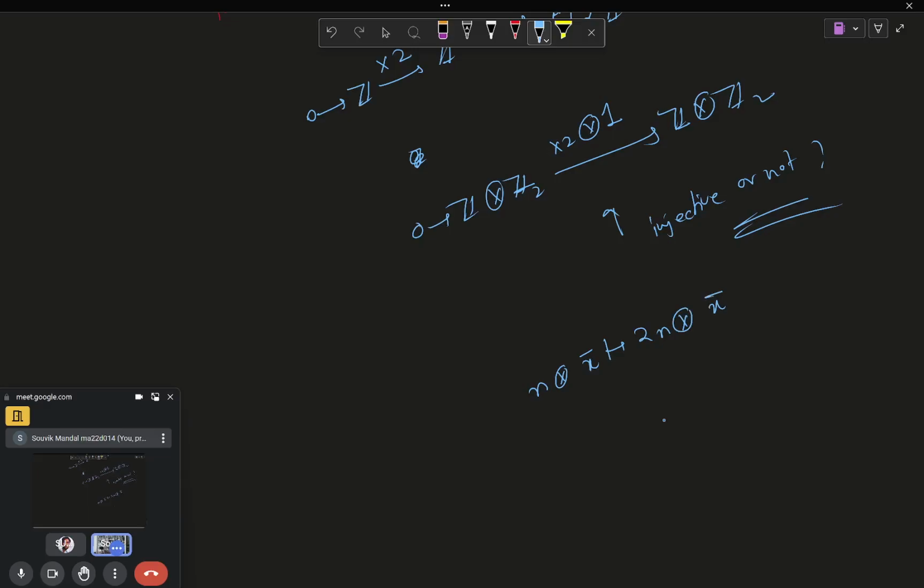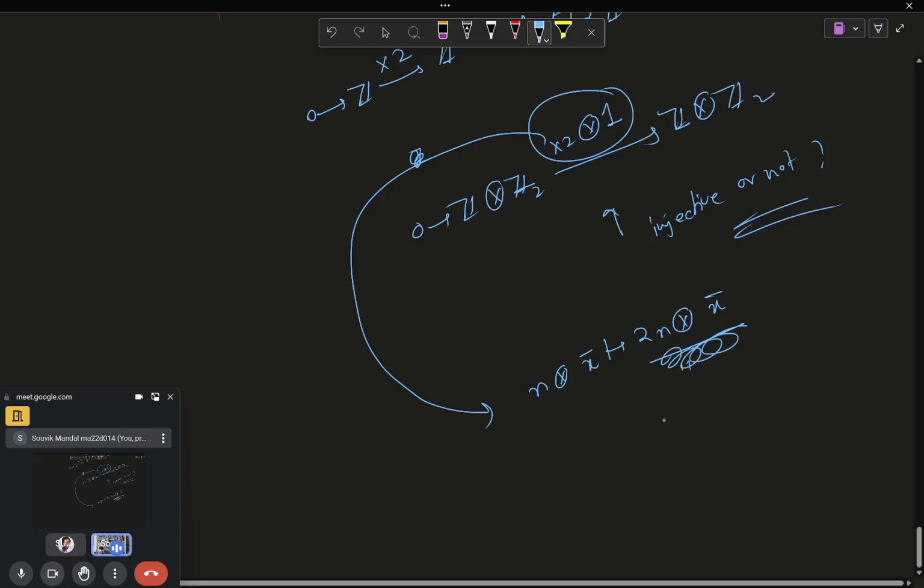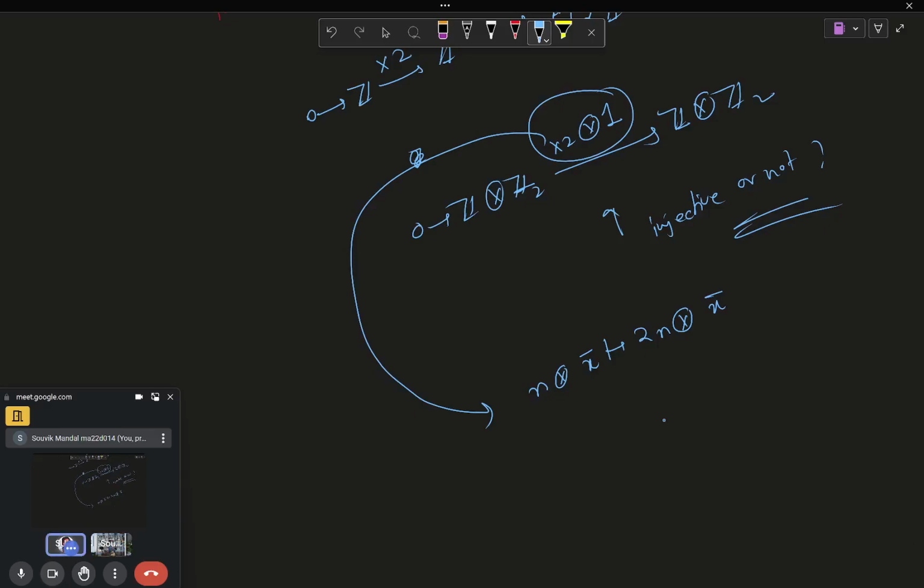This is the map, correct? First, tell me how you are checking this map's injectivity. I'm checking the kernel of this.